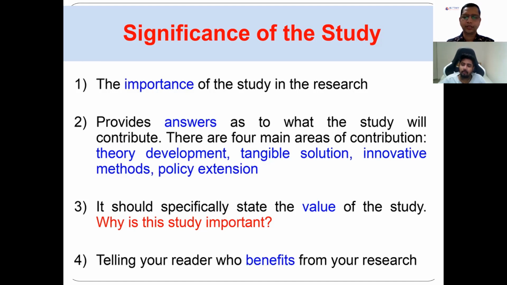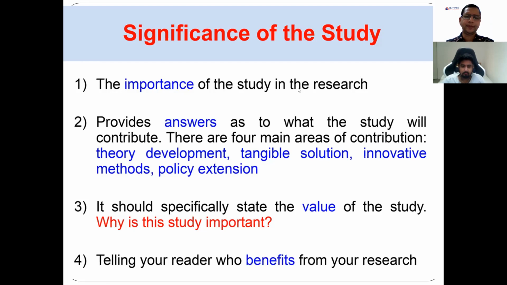A good example can be your organization. You can also innovate the methods. It can be a good example for the policymakers, etc. So these are the parts you need to highlight in your significance of the study part.